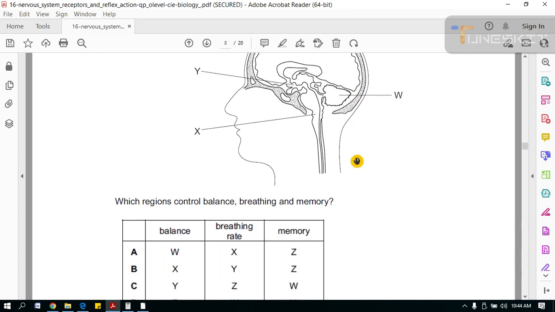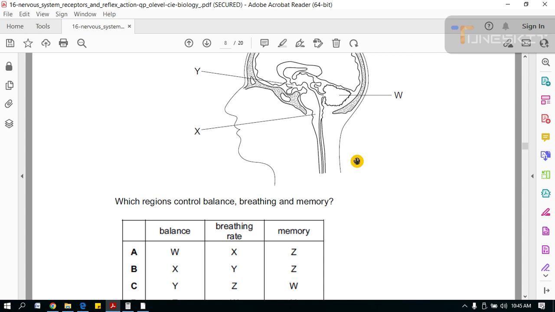Which regions control balance, breathing and memory? You have to find out. Control of balance, there is no second thought here. Balance of the body is controlled by W, that is the cerebellum. The second is breathing. Which is involved in breathing?